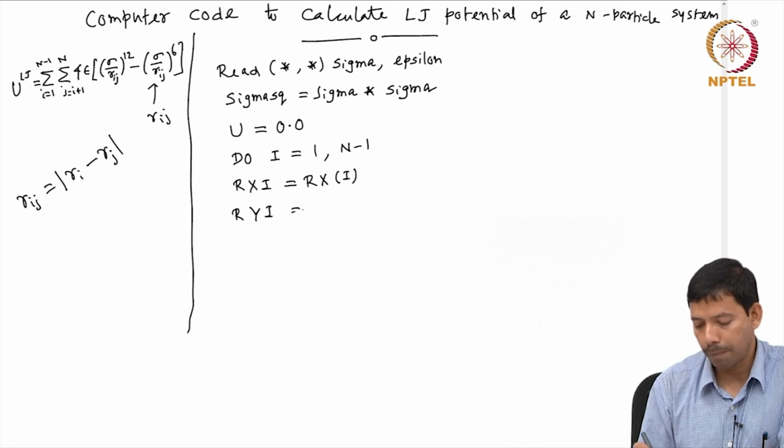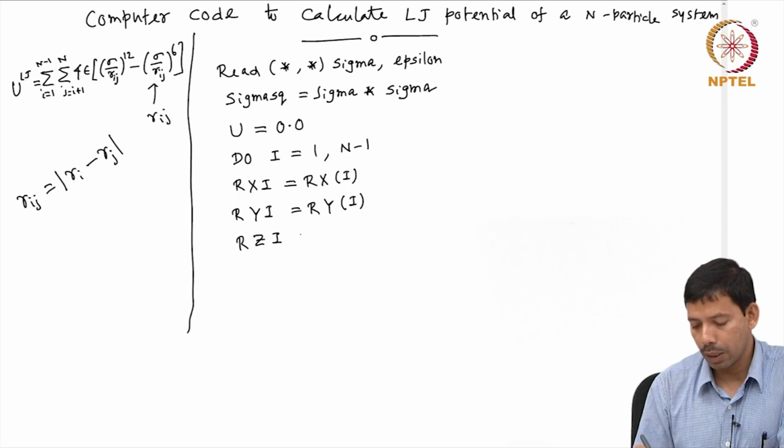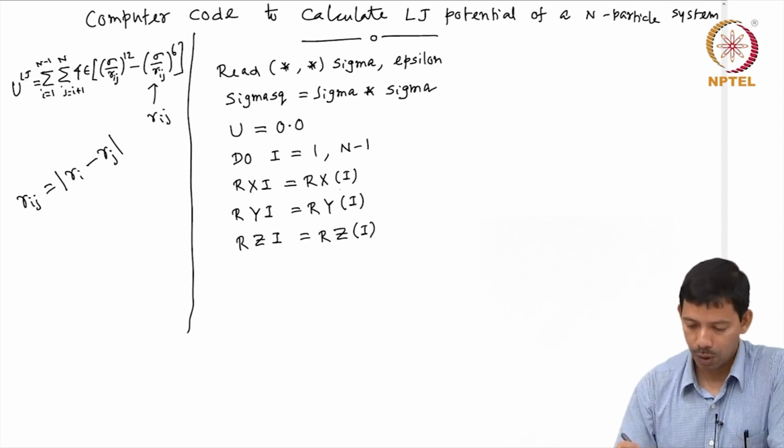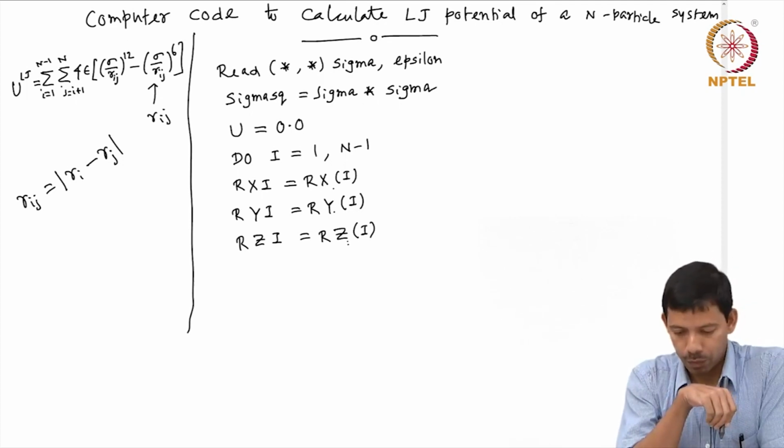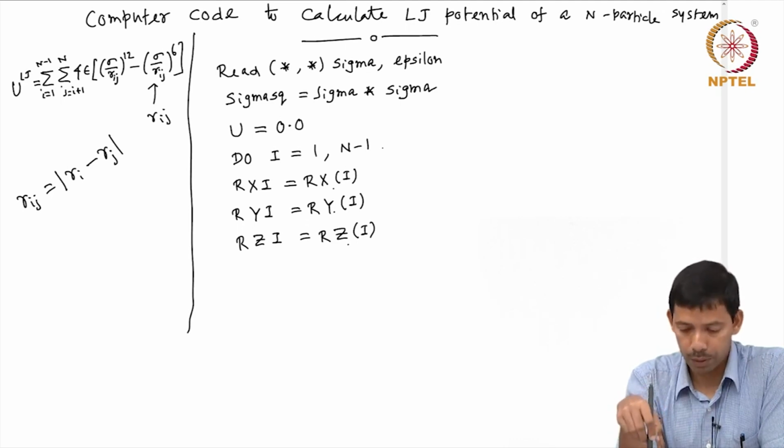So basically I am reading the x, y and z coordinates of each particle. This is the x, y, z coordinate of the ith particle. So I am reading the x, y and z coordinates of particles 1 to n minus 1.